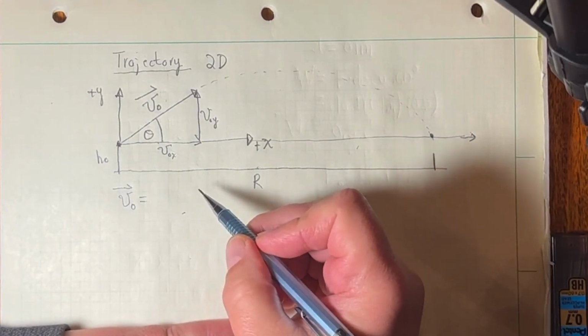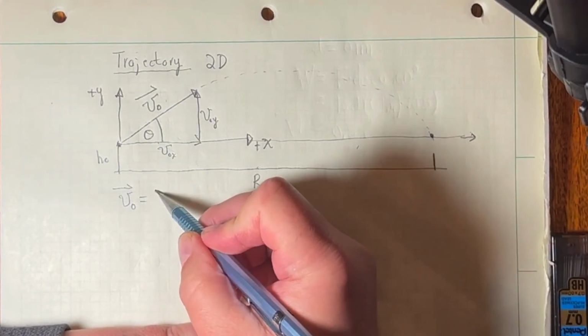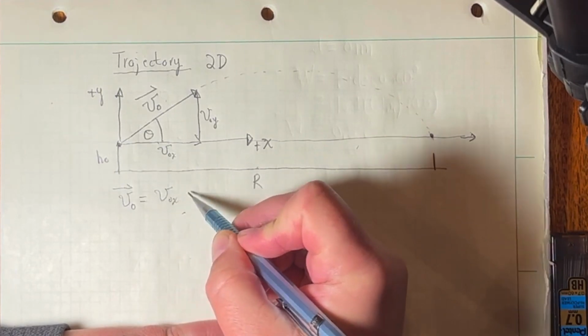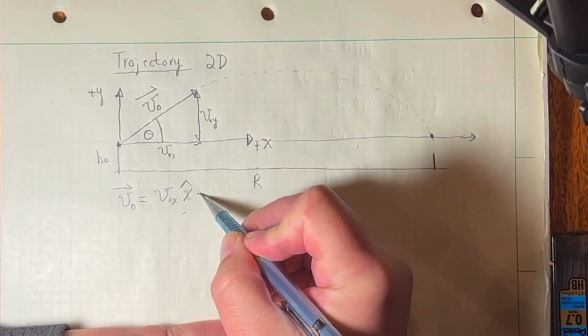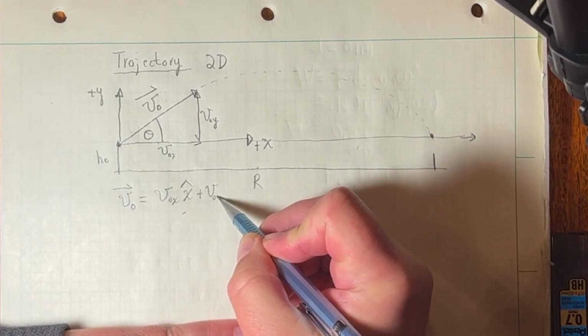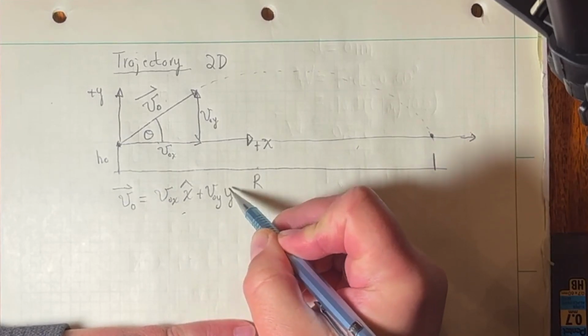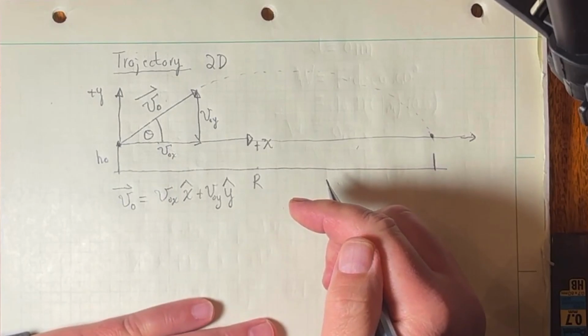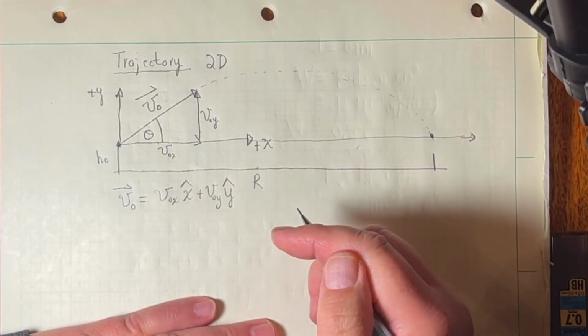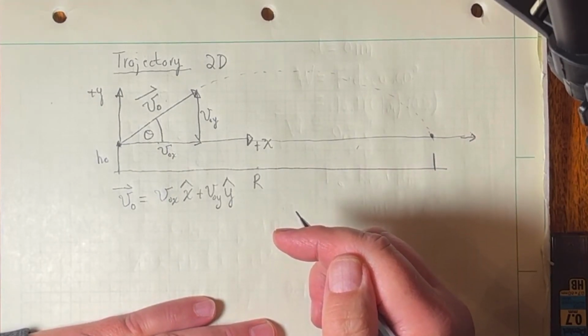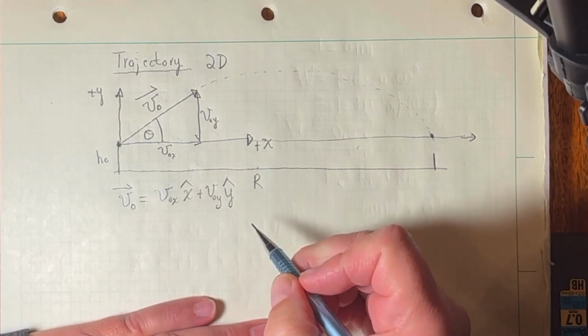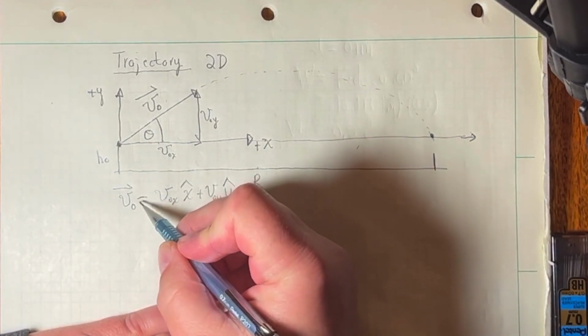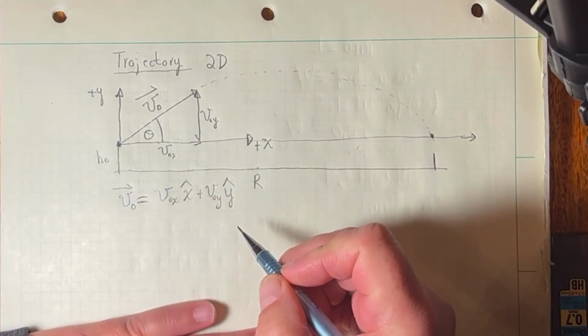So v naught vector is equal to v naught x x-hat plus v naught y y-hat. If you're not familiar with these basic vectors, go watch my vector videos and shorts so you can beef up on the concept of vectors.